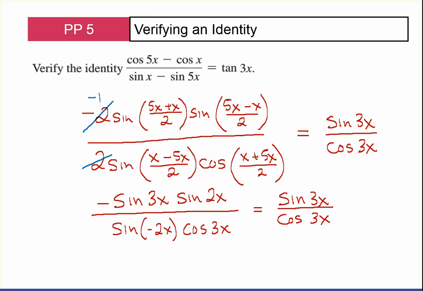Well, again, if you're having a sine of a negative angle, you can move the negative of this angle in front, because it's an odd function. So I'm going to rewrite everything, and then move this little negative out in front. That's the only thing I'm going to change here. So negative sine of 3x, sine of 2x, divided by the negative of sine of 2x times cosine of 3x.